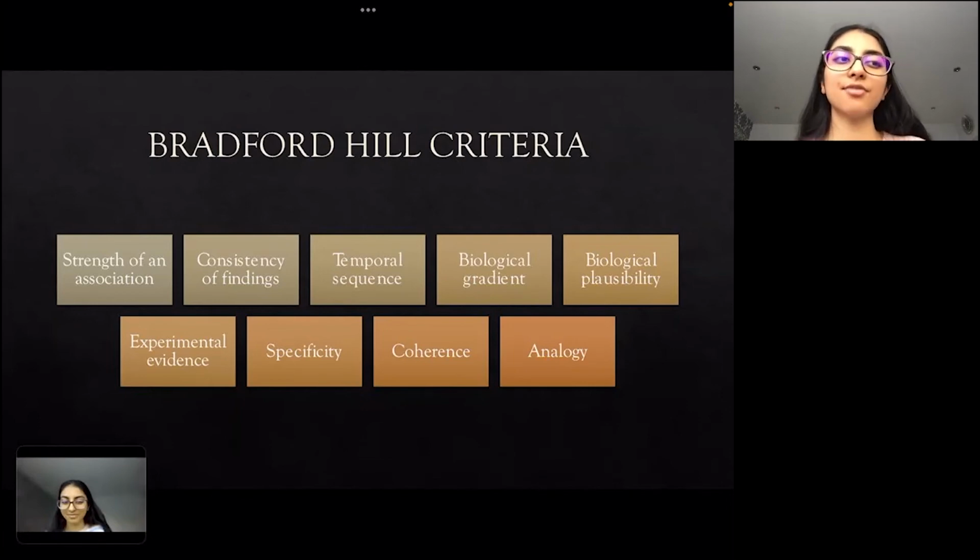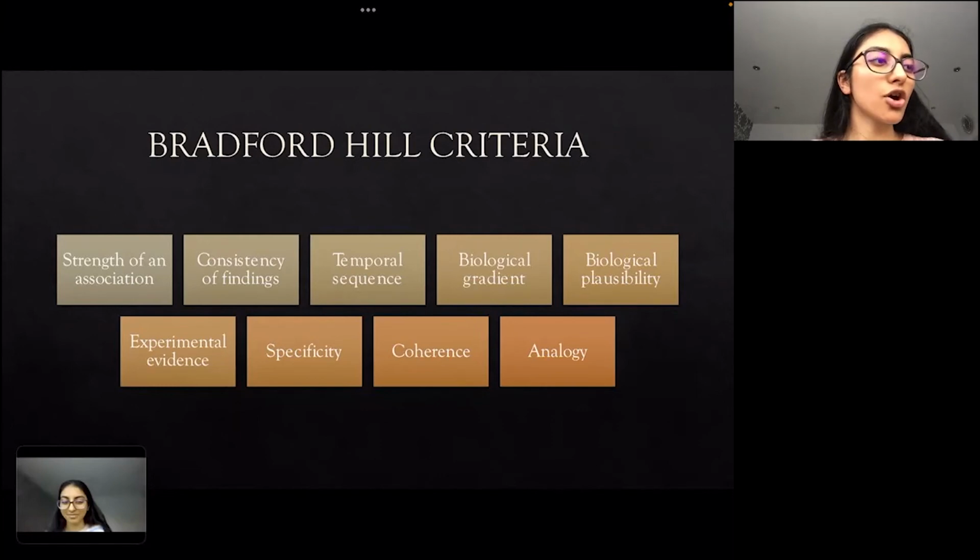If there's consistency in findings, so for example, if you see that association in multiple different types of studies, like cross-sectional, case control, cohort, and you see it in different settings, different populations, that's also more evidence for causality. If there's a temporal sequence, so this brings in the factor of time. So if A definitely came before B, then B could not have caused A because A came first.